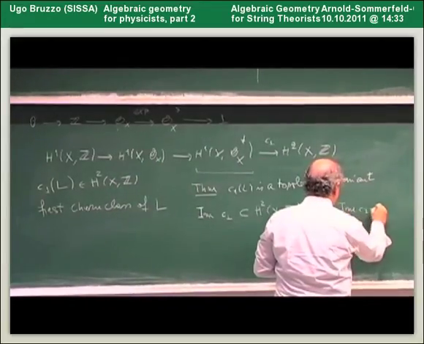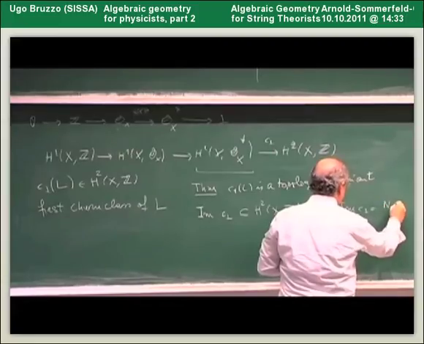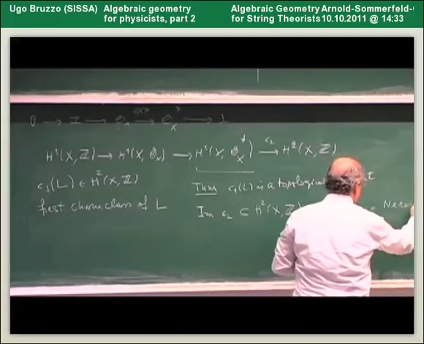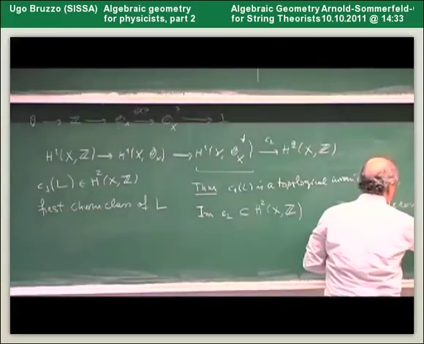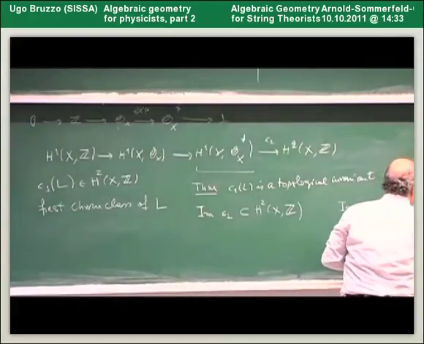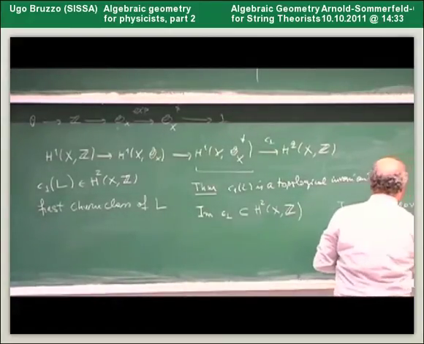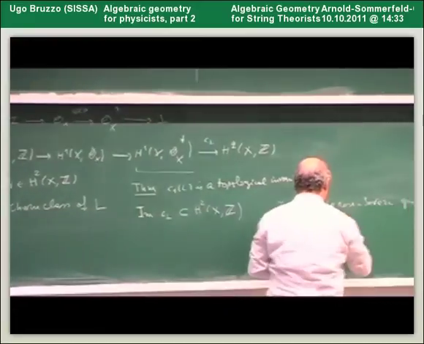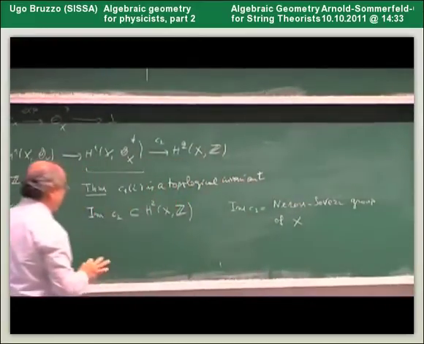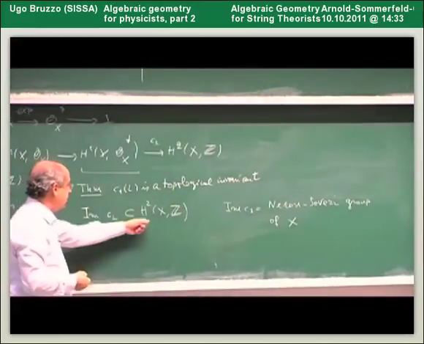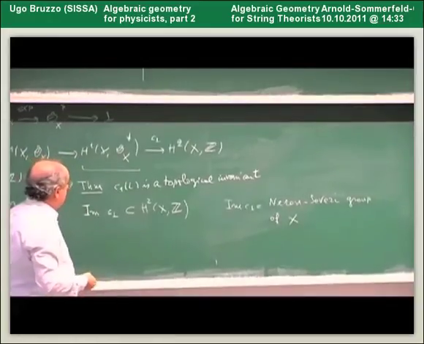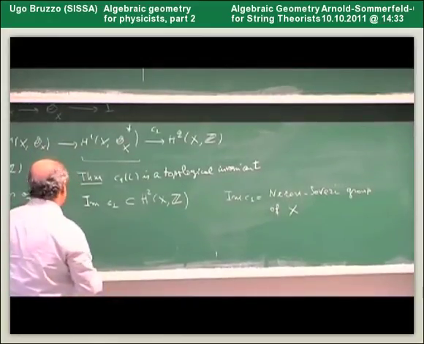This is a name. It's called the Néron-Severi group of X. In general, it's strictly smaller than this.